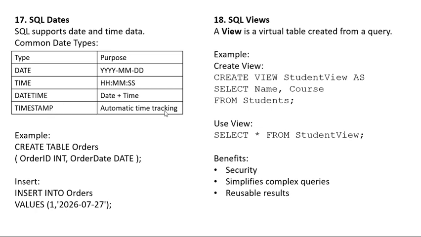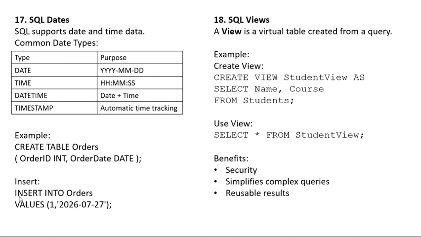TIMESTAMP is for automatic time tracking. For example: CREATE TABLE, the table name, in brackets order_id is INT, comma, order_date is the DATE data type, close the bracket and a semicolon. So the date is given as first the year, after that the month, and last the date.